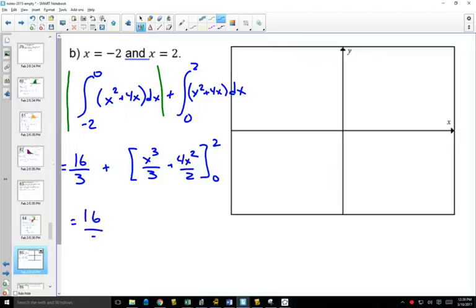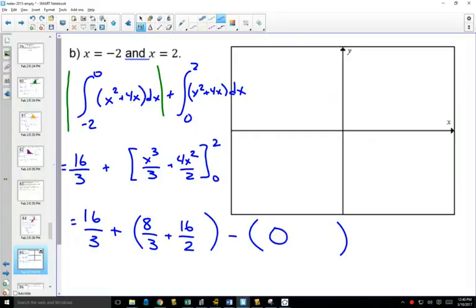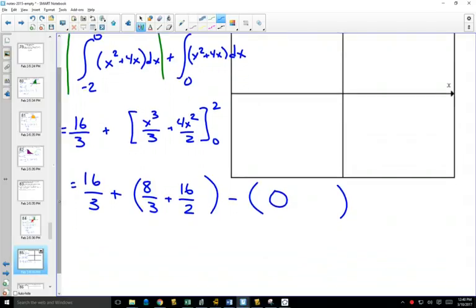So we'll get 16 over 3 plus, plug in 2, 8 over 3 plus 16 over 2, minus 0. 16 over 3 plus 8 over 3 will give me 24 over 3 plus 8, which is equal to 16.